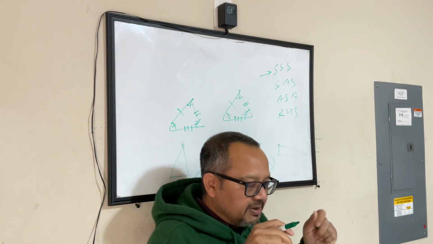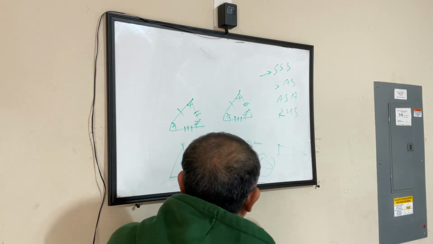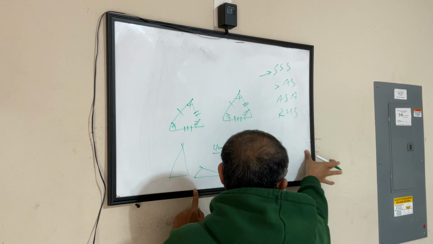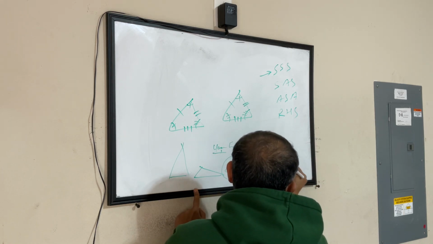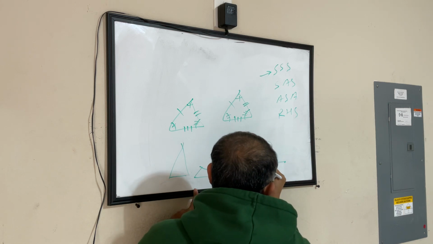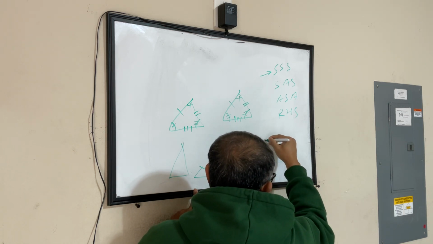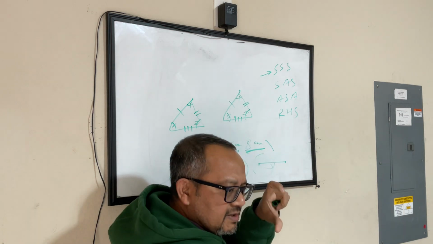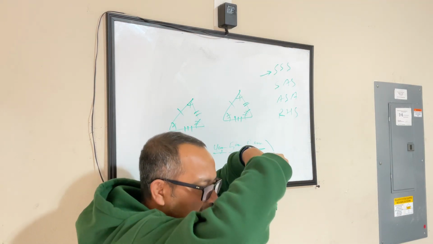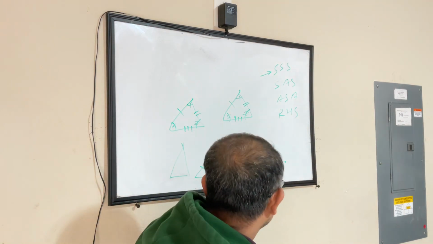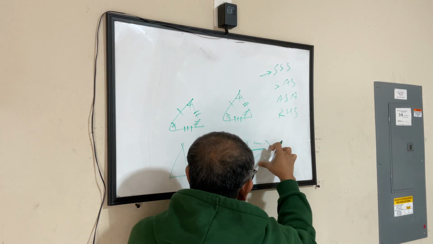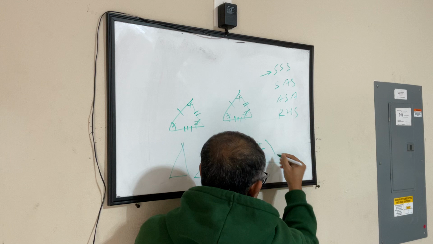You guys know, right? Let's say if you have to draw a triangle, you pick 8 centimeters as a base and the other two sides are 4 and 5. What you will do is, you take your compass, where you hook one pencil on one side. Make a radius of 4 centimeters.